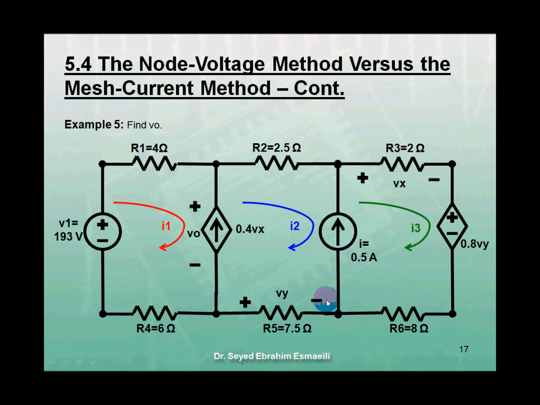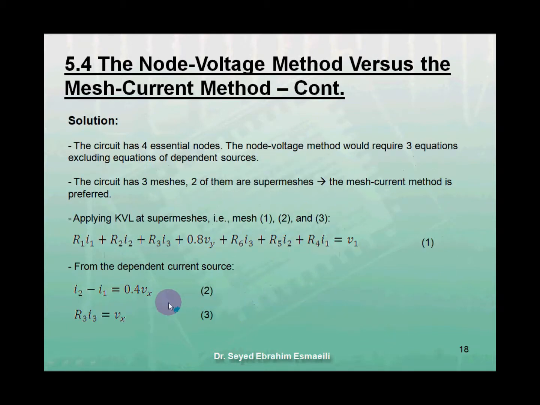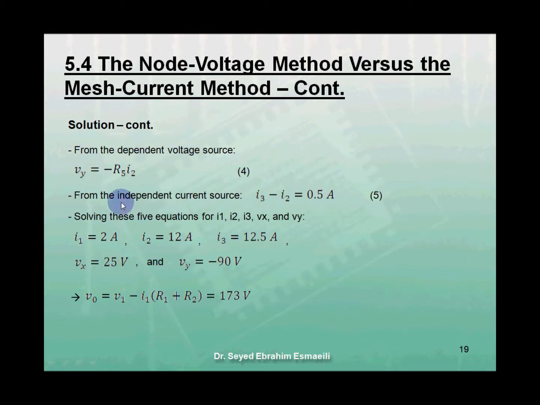We also have the equations from the dependent voltage source, where Vy equals minus I2 times R5. These are the first three equations obtained, and these are the remaining two.